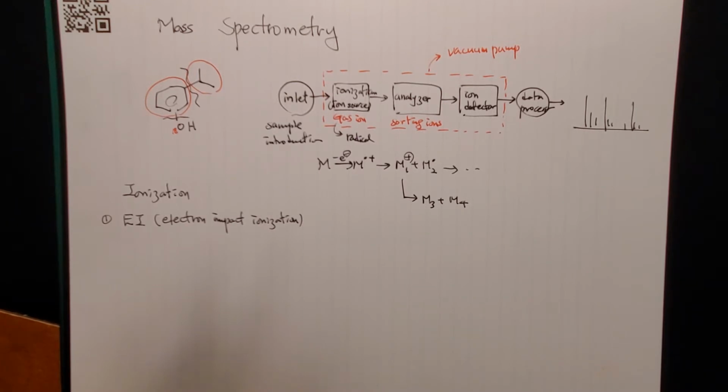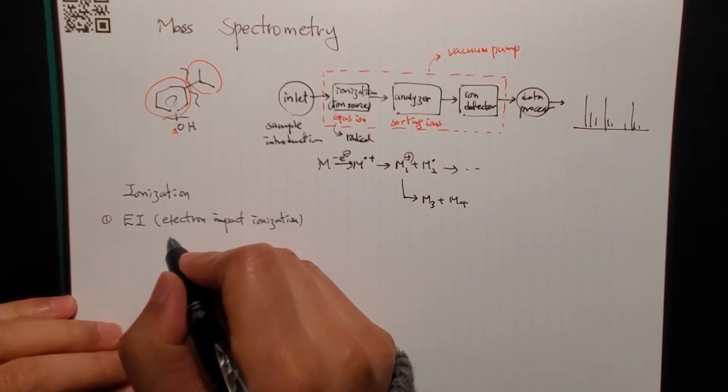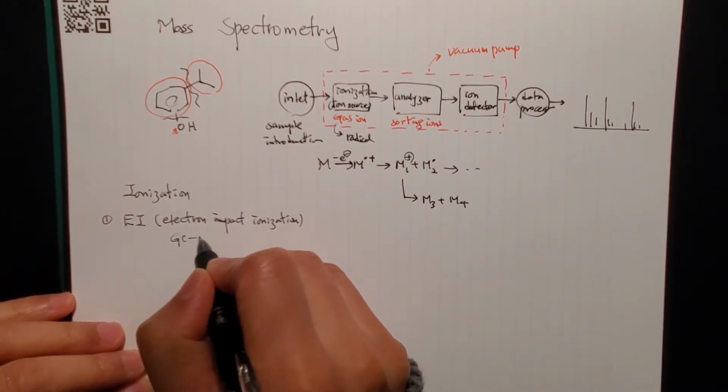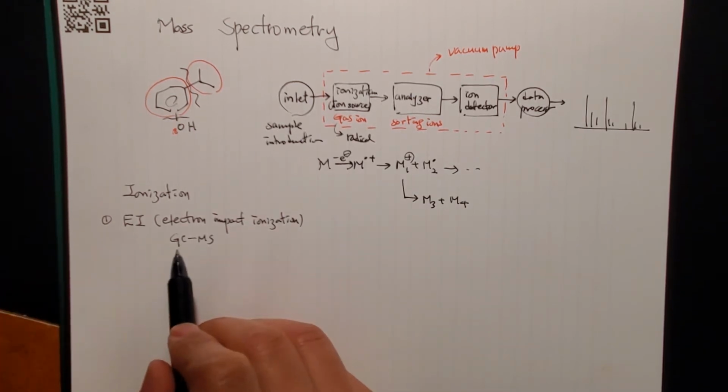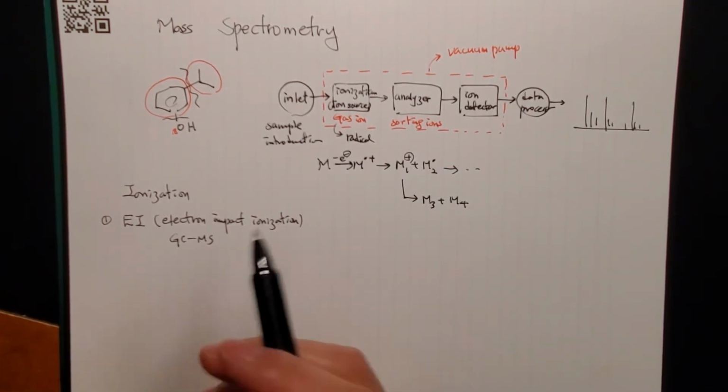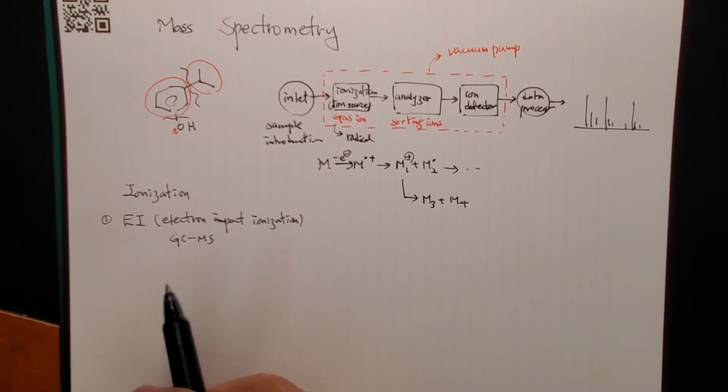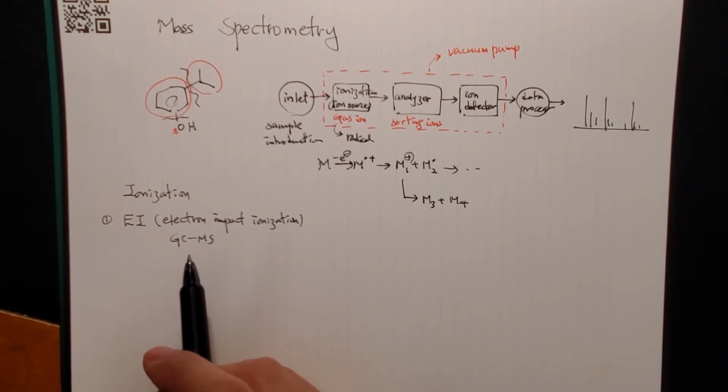To generate the electron beam, we normally use about 70 volts of power. This technique is commonly used with GC mass spec. When gas chromatography is analyzing your gas or solution sample, the stream of vaporized sample goes through the mass spec ionization chamber, then you shoot the electrons and ionize them.